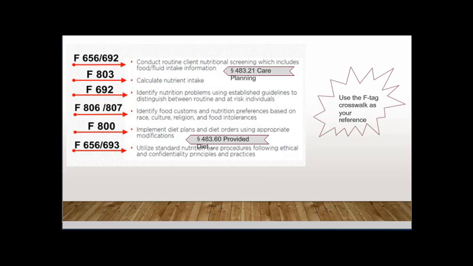So if we go back and look at our copy, 656 and 692 are in 2 different categories. One is listed under the Comprehensive Resident Care Plan, which makes sense because usually if we're getting ready to do a nutritional screening, it's going to help us build that care plan for our resident.